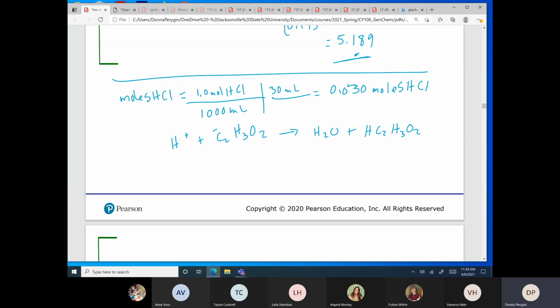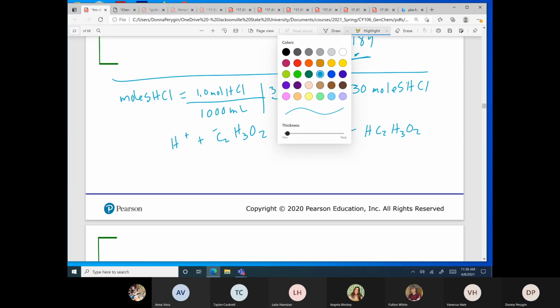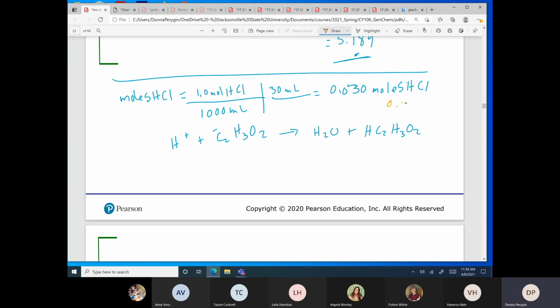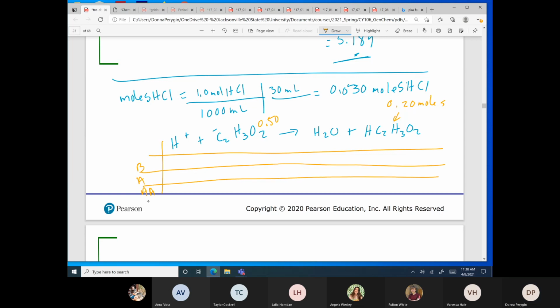Okay, in our original buffer, let me change colors, we had 0.20 moles of this acetic acid and 0.50 moles of this. So if we set up a table, that's before the addition and then after the addition.